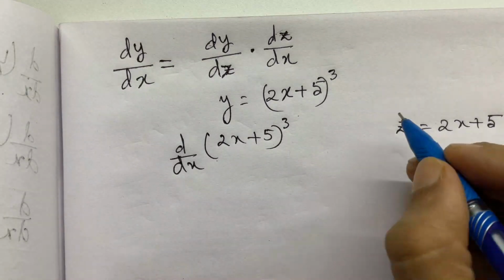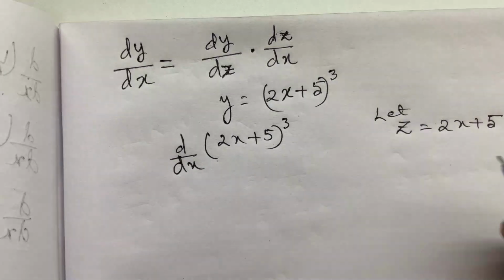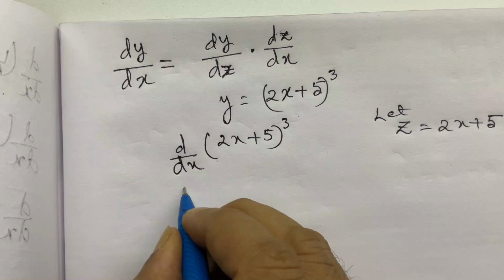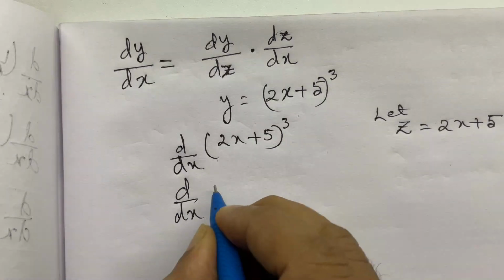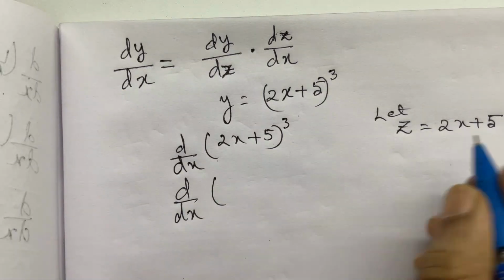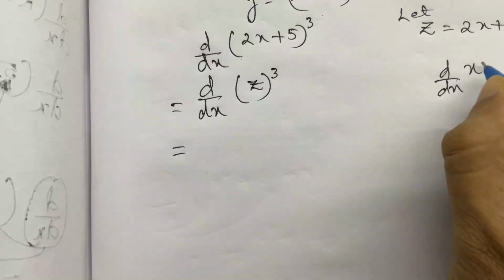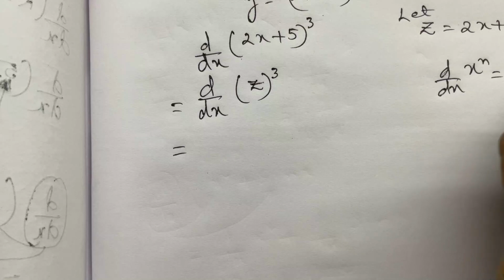Once you assume this, then the differentiation changes to z cube, where d/dx of x to the power n is n x to the power n minus 1.